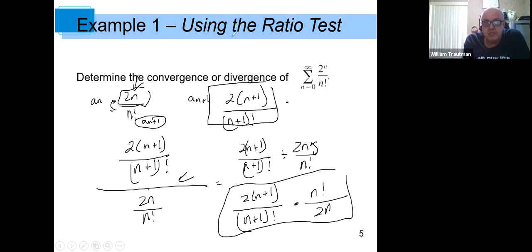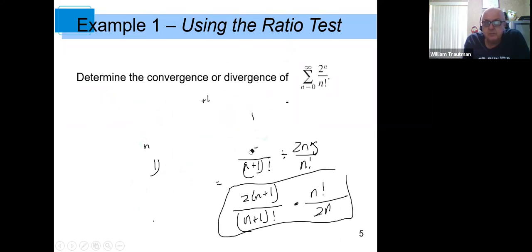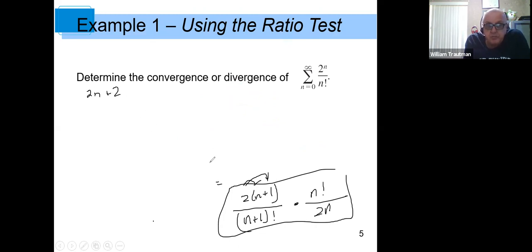All right, so let's erase this stuff, and I'm going to rewrite this. This becomes, if I distribute, 2 to the n plus 1. And if you know n factorials, then you always subtract 1.